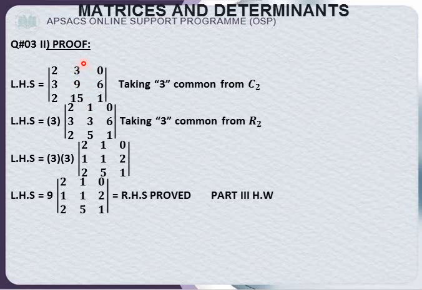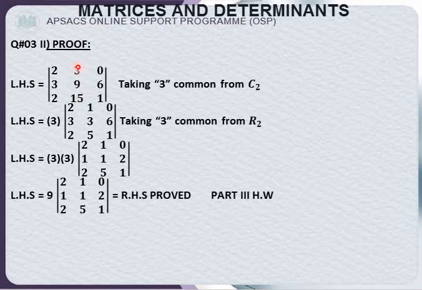I promised you that I'll do most of the questions on the properties, because I know it has some difficulty level, as it is not in the matriculation. So you will learn how to do it. Don't worry, the properties inshallah you will be able to understand after this lecture.